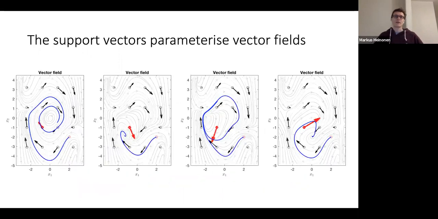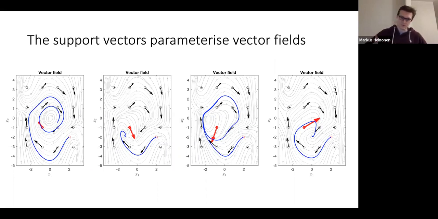I want to highlight how expressive this vector field parameterization can be. Here is a visualization where we only change a single inducing vector, this red arrow. We change where this red arrow is pointing, and the underlying interpolated vector field also changes, as you can see from the gray stream plot.